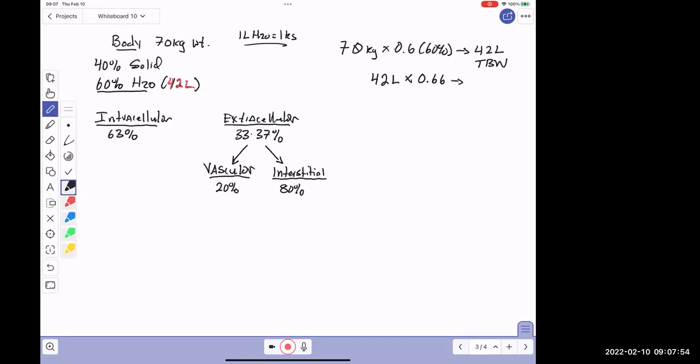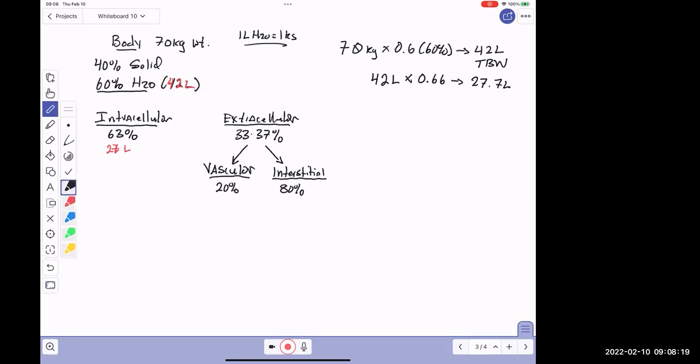When I do that calculation, that gives me 27.7 liters. So I've got about 27 of that 42 liters within the cells.